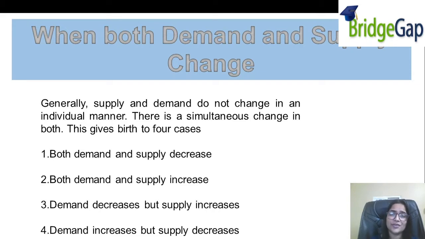Yes, there are chances when demand for a product has decreased but simultaneously supply for the same has increased. And demand increases but supply decreases. It can be vice versa, that demand has increased but supply has decreased, maybe due to some reasons. Alright, let's have a look at each one of them.